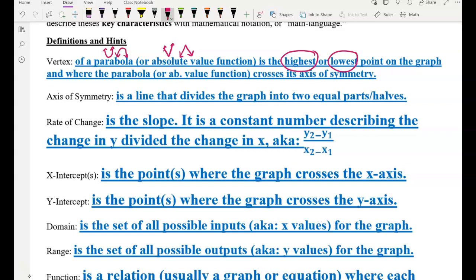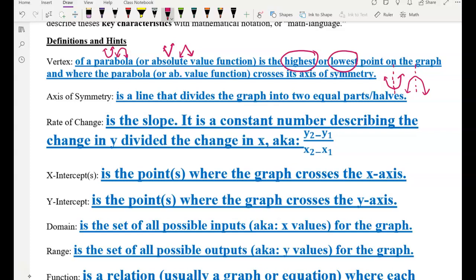So now the second definition is axis of symmetry. What is an axis of symmetry? Now in a parabola, an axis of symmetry is going to be a line that cuts it directly in half. So that means the left and the right will be exactly the same. Similarly, if we were to have an upside down parabola, it's going to be a line, so that means it will be an equation.